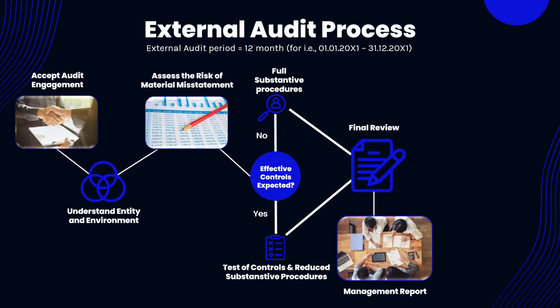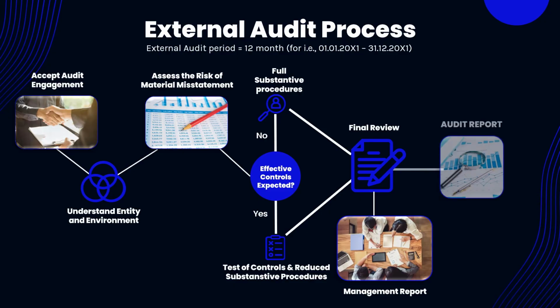So once this stage is completed, once the management report is signed and sent back to the auditors, all the work is done. Now auditors just need to insert their opinion in the audit report format and then issue the report. So by that, congratulations, your audit is done. The audit report is the culmination of all the hard work.